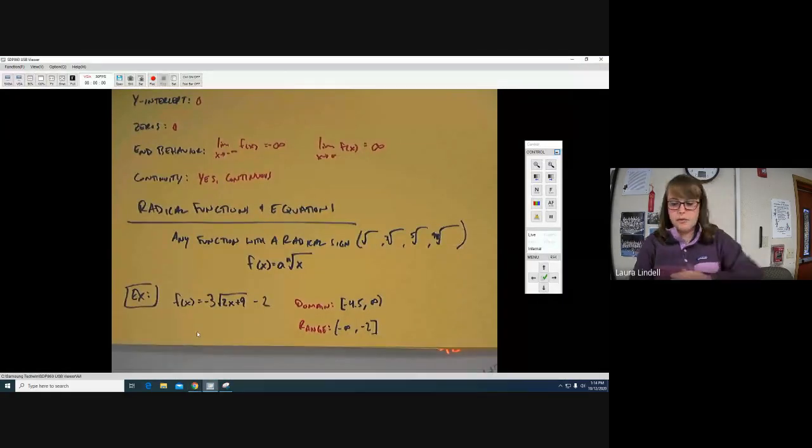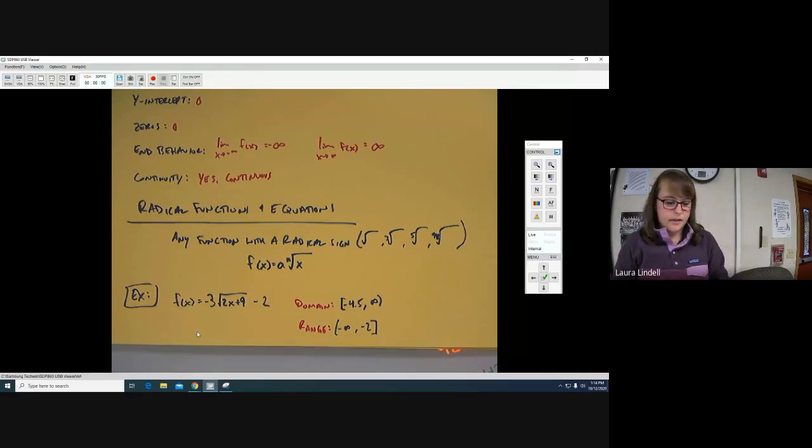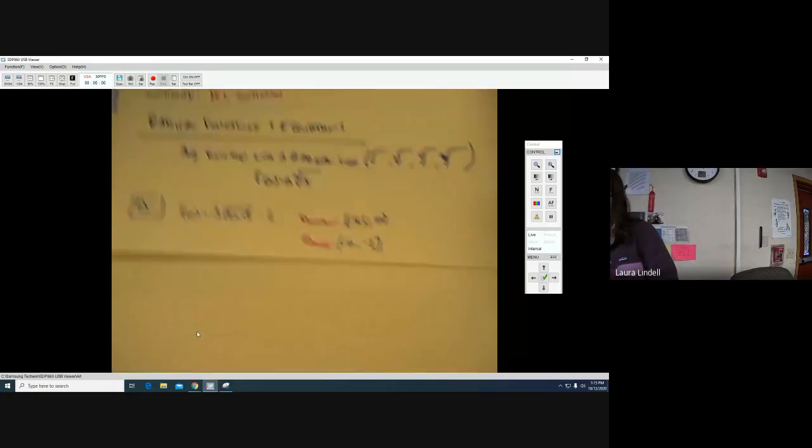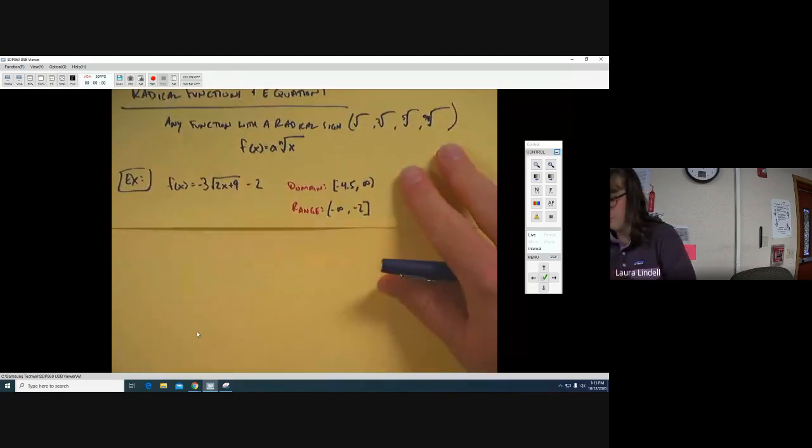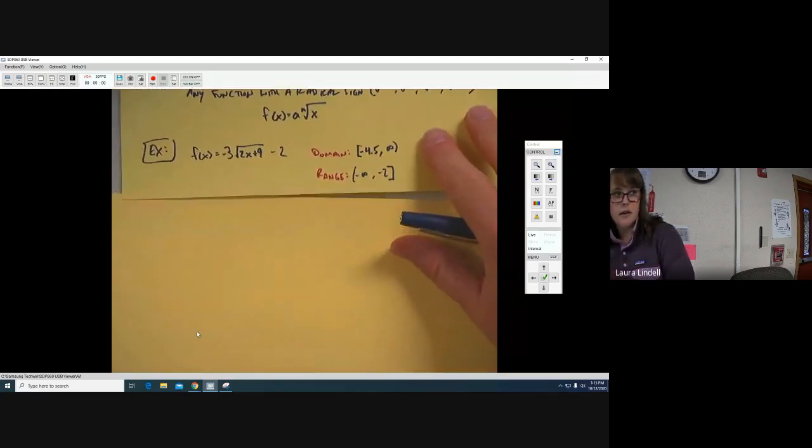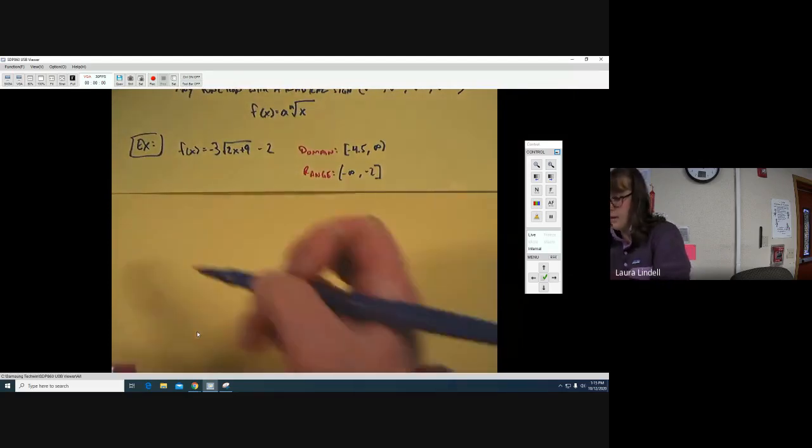Okay, the thing that we really want to focus on today, though, is radical equations, because those tend to take a little bit of work to learn to solve. They tend to be a little bit more puzzling anyway. So, radical equations.